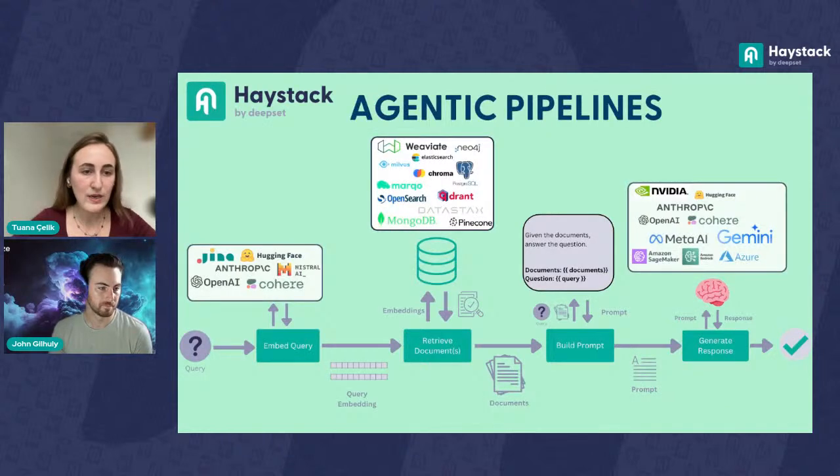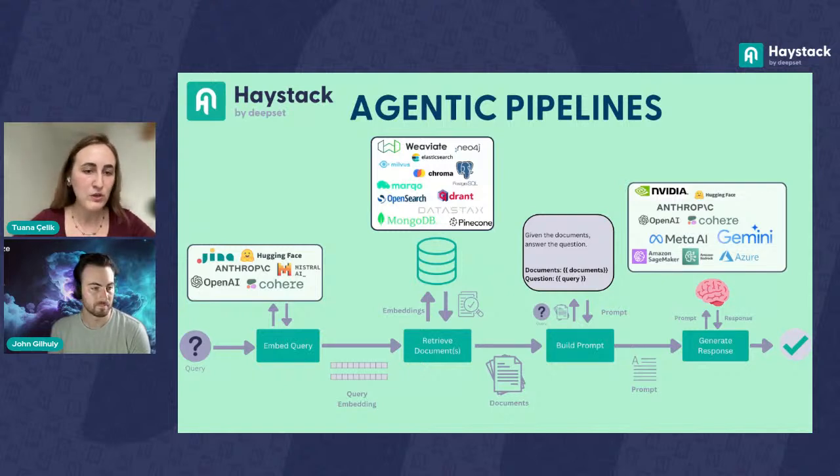For anyone who is not aware about what Haystack is, it's our open source AI framework that allows you to build many AI applications, including agentic pipelines, and it comes with a whole bunch of components. And here you can see a very simple one that achieves a retrieval augmented generation pipeline.